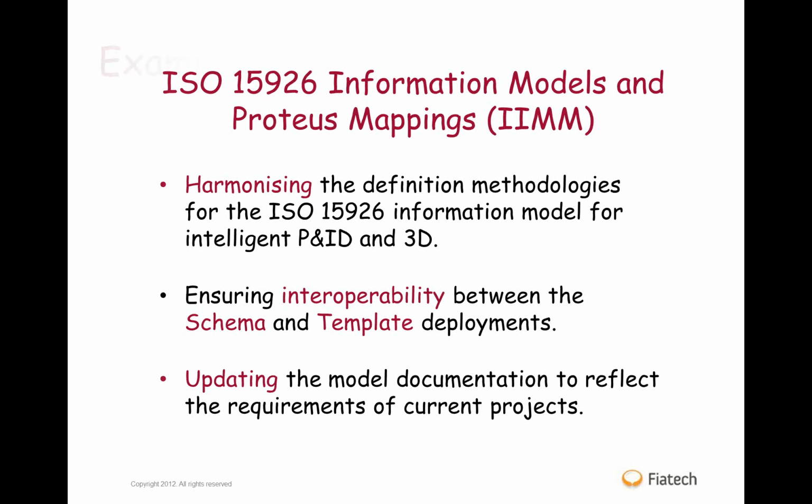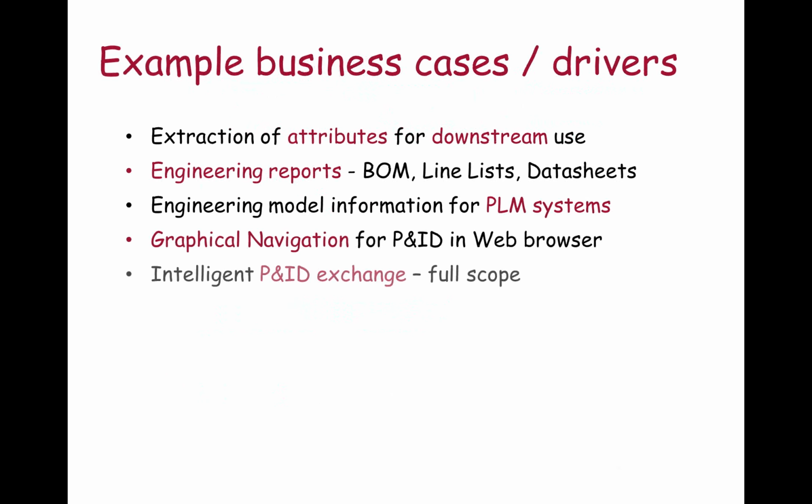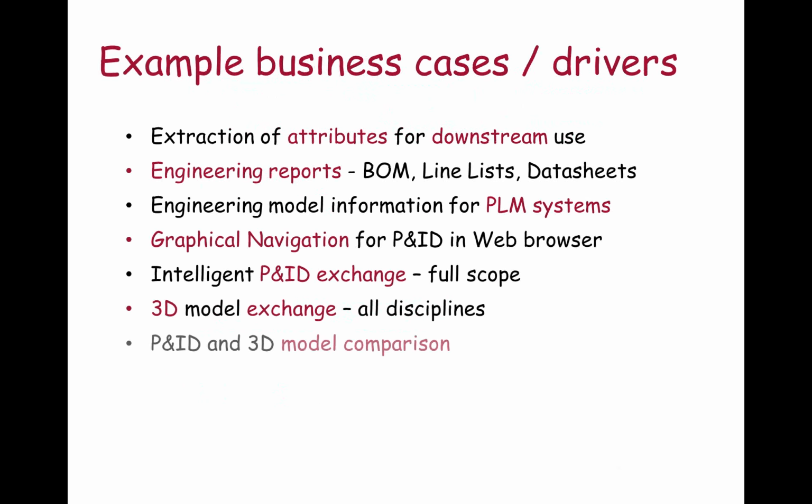So I'm not going to go through these, but these are just some key areas that are along the life cycle for downstream use, as well as management of the information, visualization of the information, and exchange of the information, and also additional tools such as model comparison, which can then be done between dissimilar systems.